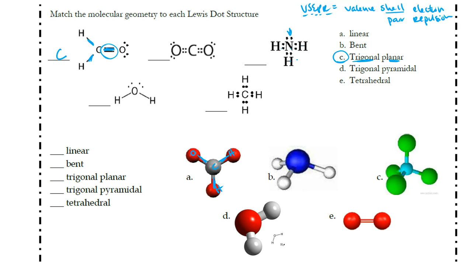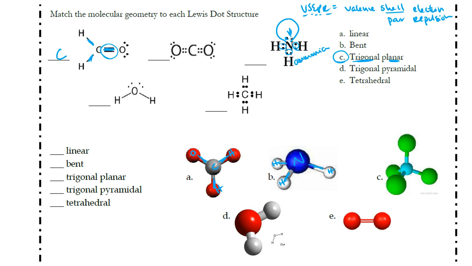So NH3, this is ammonia or nitrogen trihydride. And it's a little bit different because even though there's 1, 2, 3 bonding groups, there's also this pair of non-bonding electrons. What happens is we have that 1, 2, 3 bonding groups. So this is our nitrogen, hydrogen, hydrogen, hydrogen.